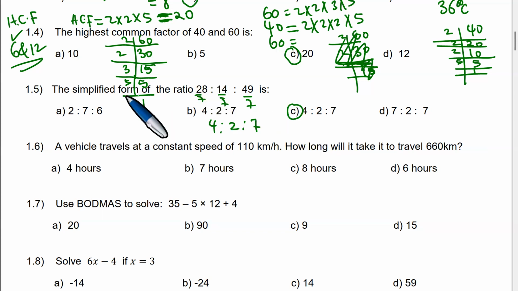If we change this one and say the simplified form of the ratio 3 to 6 to 9, what's the answer? So is it 133?